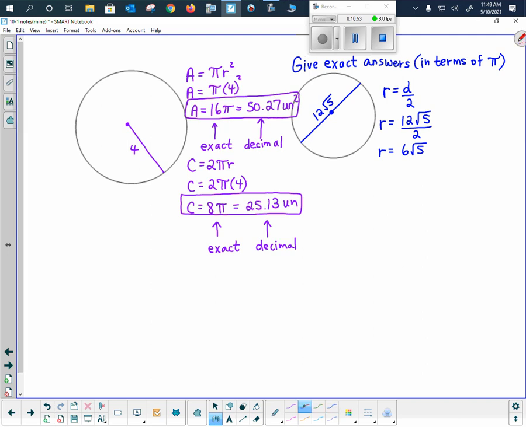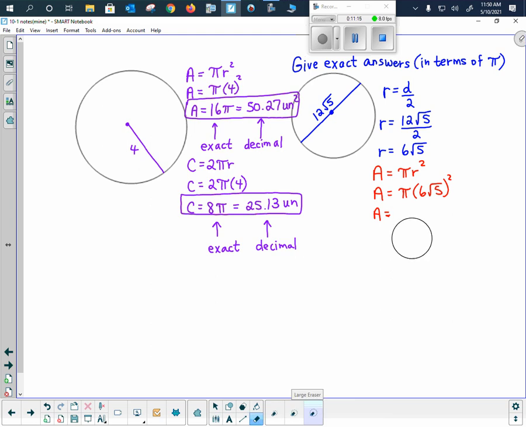And then we go to area. Area equation is pi r squared. Okay, so I can fill in pi. The radius is 6 root 5 that we just found above, squared. And we said we want exact answers or in terms of pi. So I just need to know how to square 6 root 5.